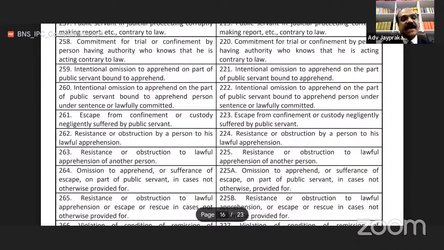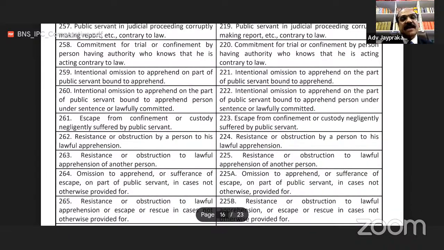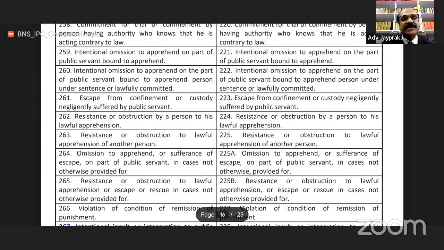Section 259, intentional omission to apprehend on part of public servant bound to apprehend. Earlier section was IPC 221. Section 260, intentional omission to apprehend on the part of the public servant bound to apprehend person under sentence or lawfully committed.